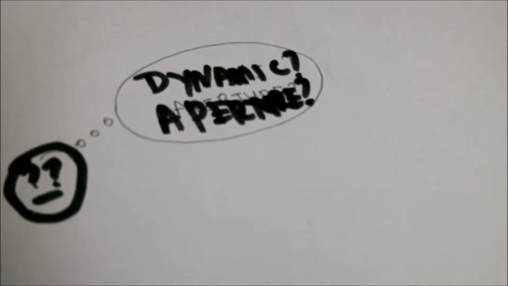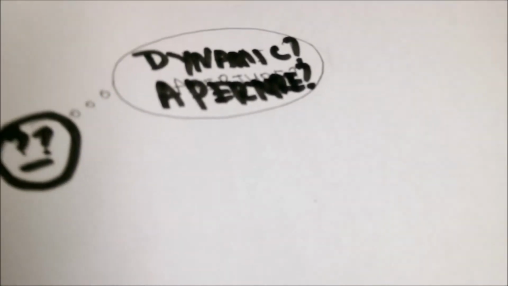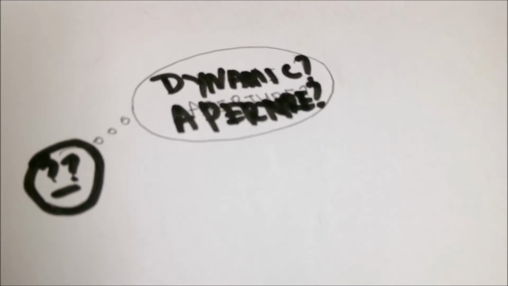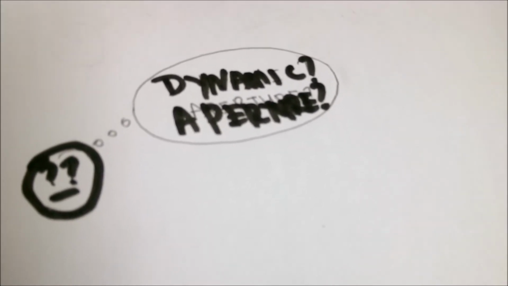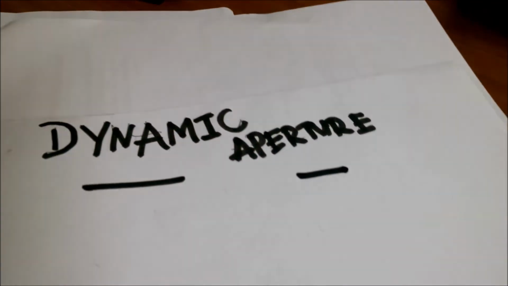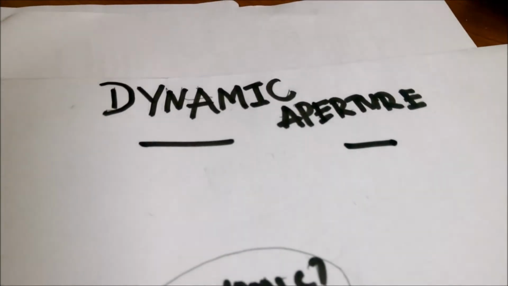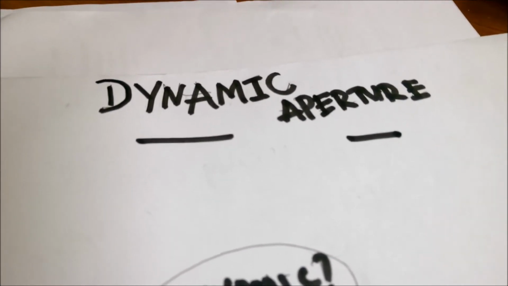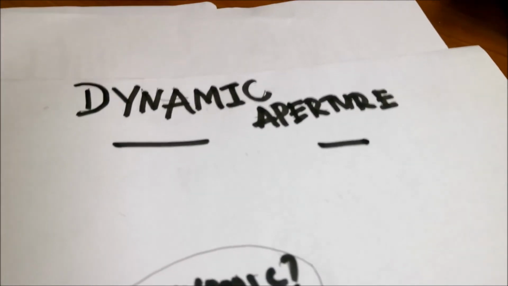Dynamic is relating to forces producing motion. Aperture is the size of the transducer surface involved in producing the ultrasound beam and detecting echoes for each beam line. So how about dynamic aperture? Dynamic aperture can be said as the size of the transducer surface in motion involved in producing the ultrasound beam and detecting echoes for each beam line.